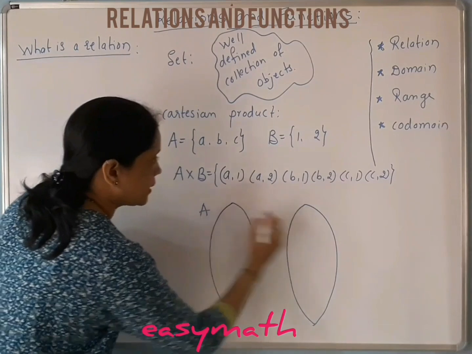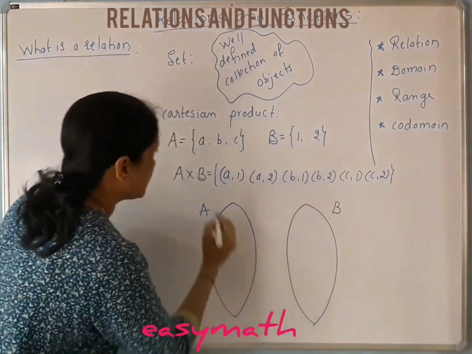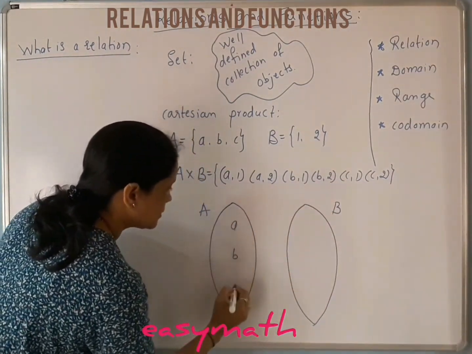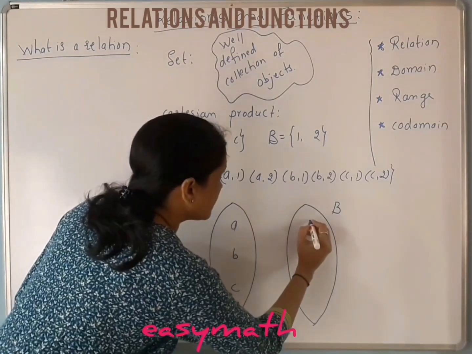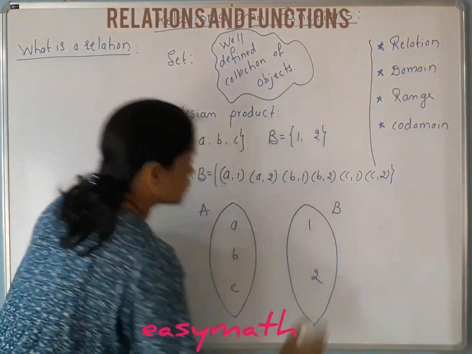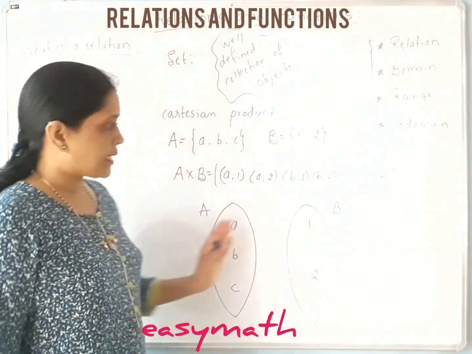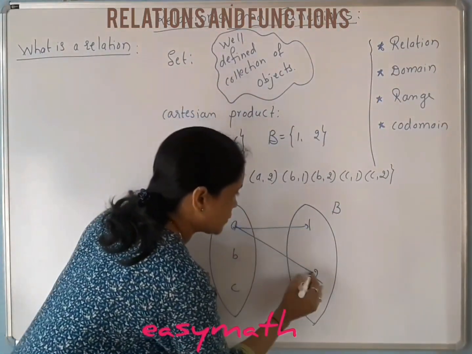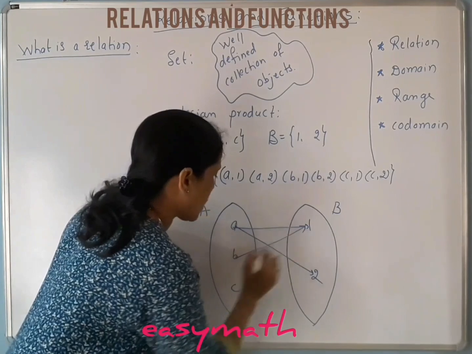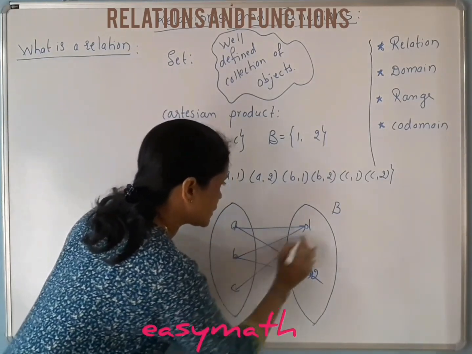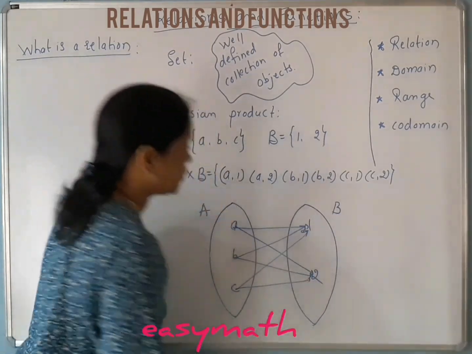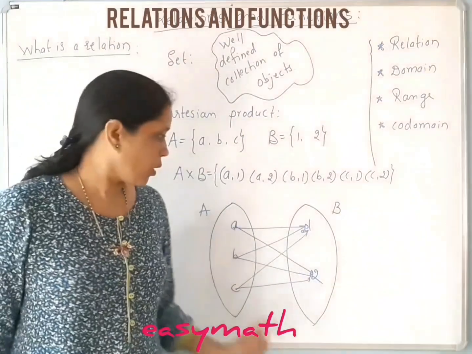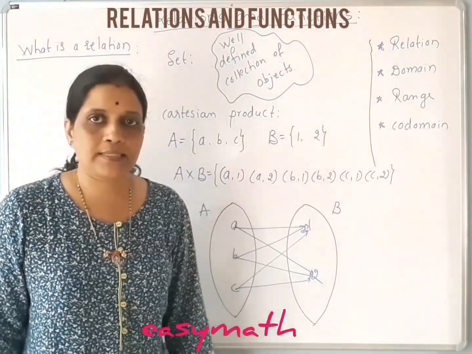So A cross B: A has a, b, c and B has 1 and 2. So it is a connection between two sets. a goes to 1, a to 2, b to 1, b to 2, c to 1, c to 2. So all possible ordered pairs.